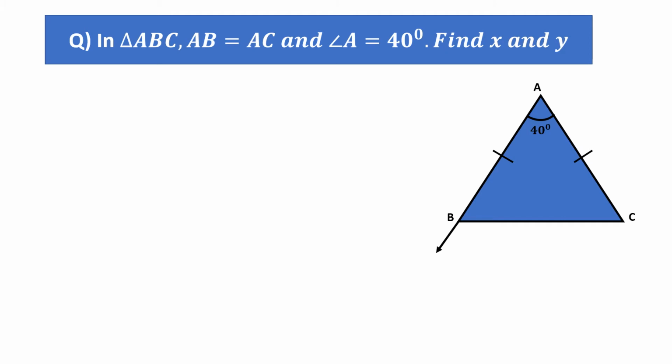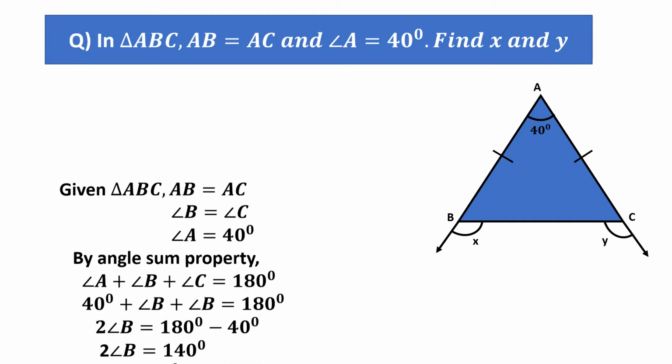Side AB is extended to the outside and side AC is also extended, forming two angles x and y. You need to find out the exterior angles. To find these exterior angles, you need to find out the interior angle B and interior angle C. Let us see how we can solve this problem.